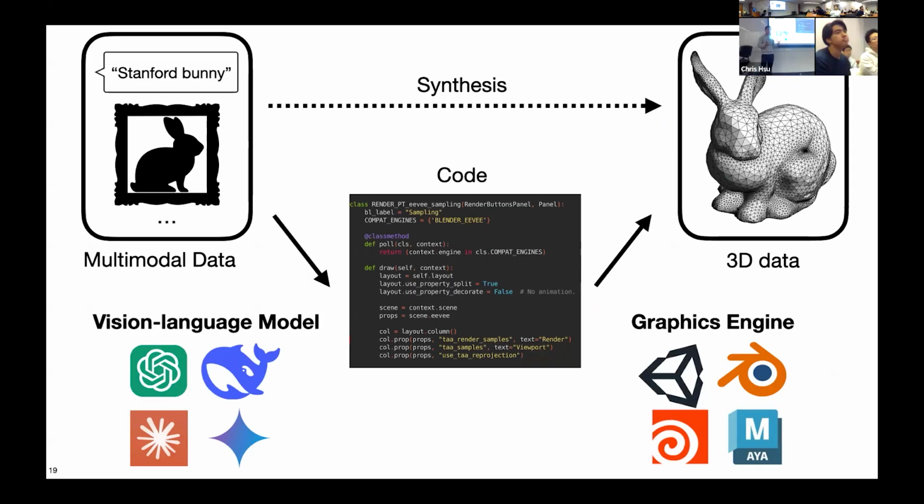So now the question is, are we able to find a way to write pretty good Blender code? It turns out that we can potentially connect the visual language data to Blender code using visual language models, because they are able to write code pretty decently. So this will allow us to potentially connect the dots between the visual language model and all the tools that we have in graphical engines.